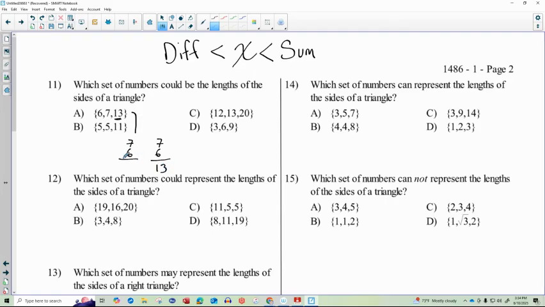Here I'm going to do the difference, which is 1. That third side, whatever it is, has to be less than 13, less than the sum, but greater than the difference, which is 1. So is 13 in between 13 and 1? And the answer is no, because less than does not mean equal to. So this cannot be the sides of a triangle.